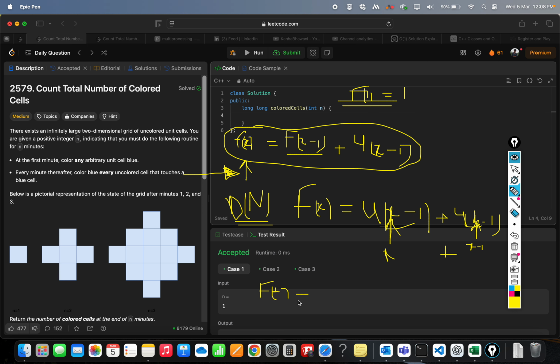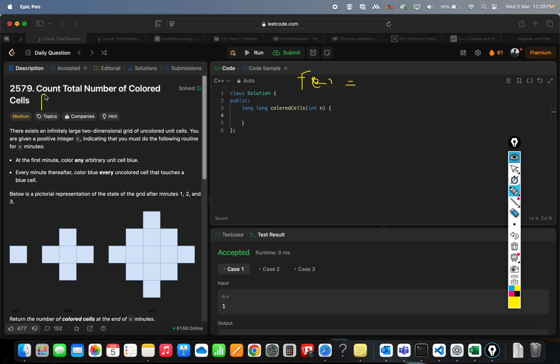Okay, let me write it here. f2 is, so here f(x) is nothing but f(x minus 1) plus 4 times x minus 1. That is the base formula, right?